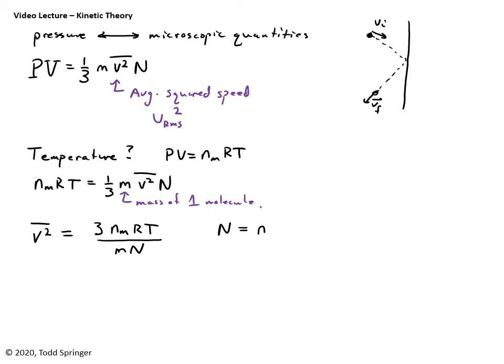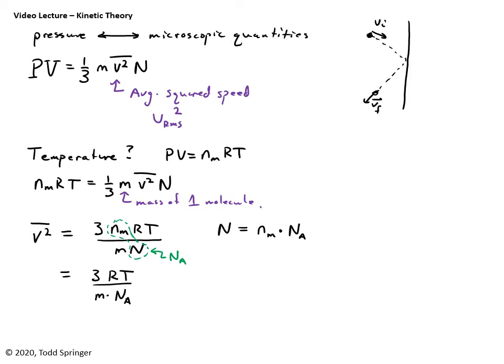That's the number of moles times Avogadro's number, Na. Right? So, number of moles divided by N is 1 over Avogadro's number. So I get here 3RT over m times Avogadro's number.